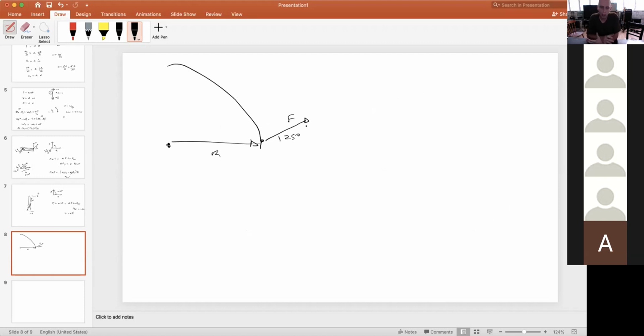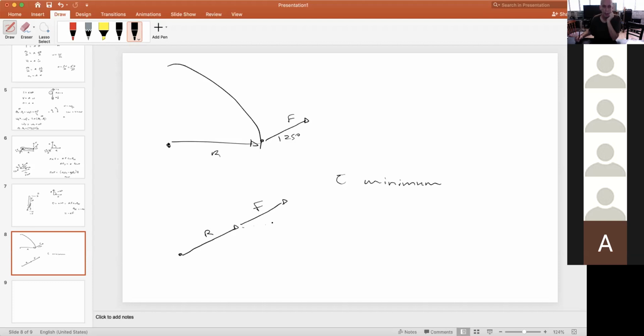And one of the questions it asks is, since you can rotate this force anywhere along this edge, when is the torque minimum? And if you understand this, you understand torques. This would be a minimum when R and F are parallel to each other, right? When the angle between R and F is 0.